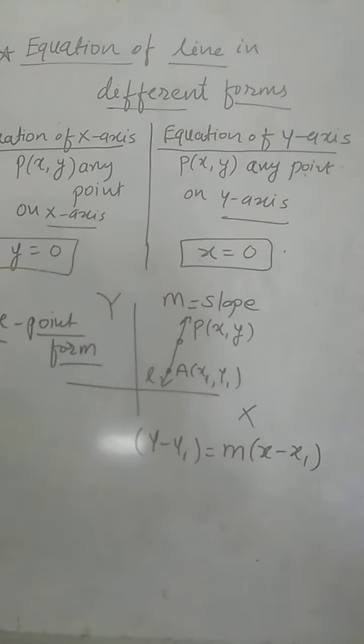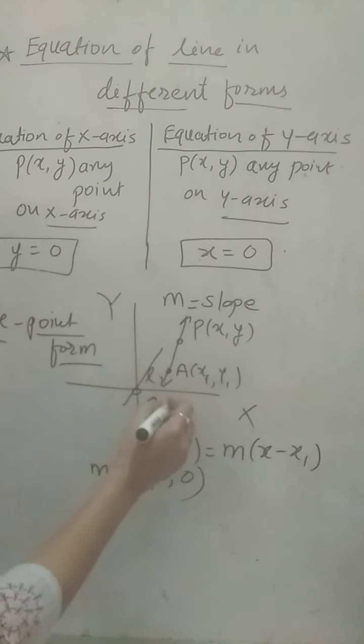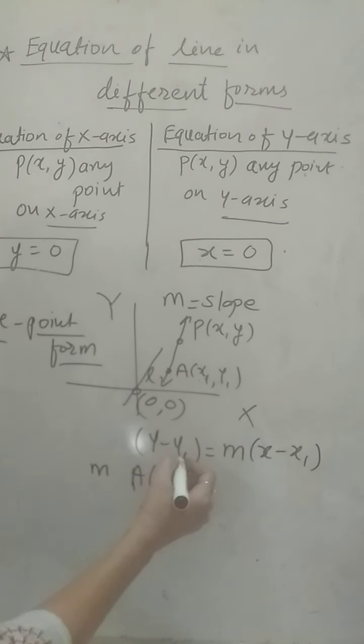And if the equation of a line having slope m passes through the origin, then A should be (0, 0). If this line passes through the origin O(0, 0), in place of x1, y1 we substitute 0, 0.